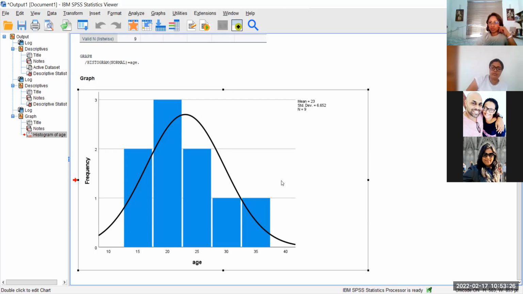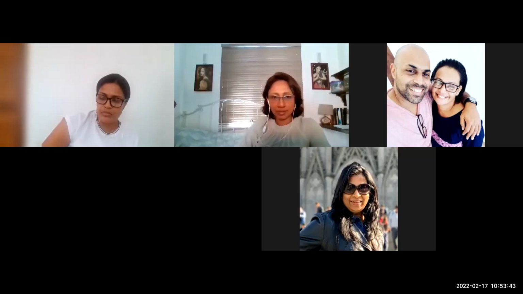So if you have a curve which you can obviously see is positively skewed or negatively skewed, and somebody asks you to calculate Z scores, you say no, this is not normally distributed. No point calculating Z scores. Right? So basically, that's what that is.